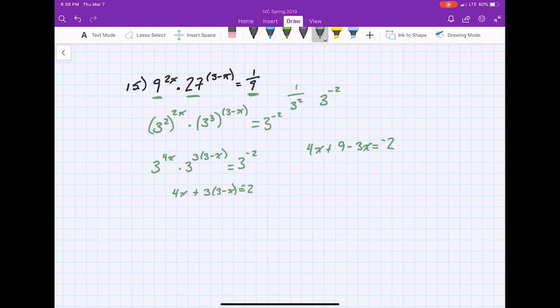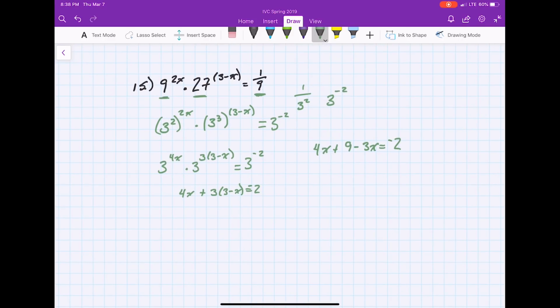Put the negative over here. So what I end up having here, I'm going to have x plus 9 equals negative 2. And then I am going to subtract 9 from both sides.